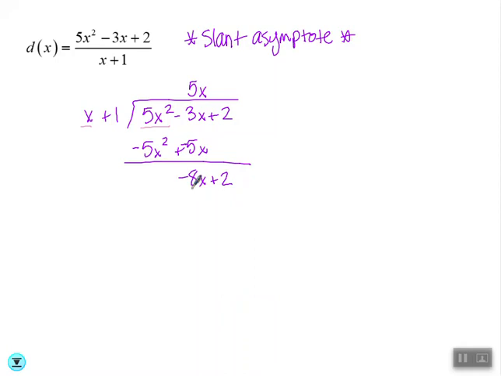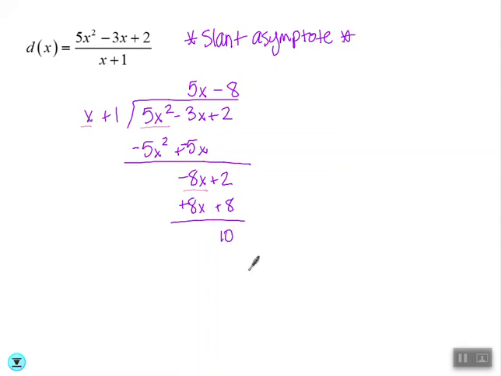Again, I'm only going to look at the first term, and I want to know what is negative 8x divided by x? It's just negative 8. Then, negative 8 times x plus 1. I need to subtract, so I'm going to change the signs and add.